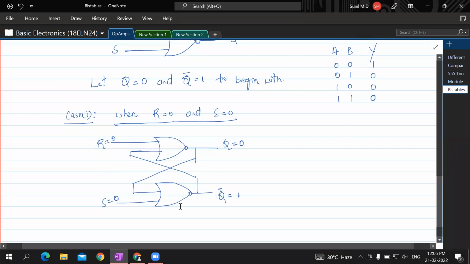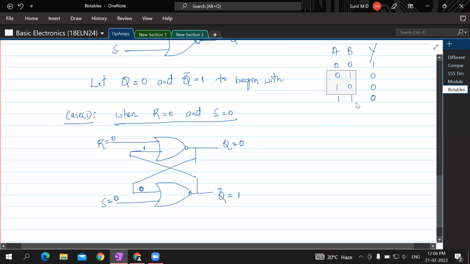Understand? Now, Q is 0 here, so that means the Q 0 would come here. In this NOR gate, S is 0 and the other input is also 0. If 0, 0, what should be the output? The output is 1. So Q bar is 1. And this 1 would become input to the first NOR gate.